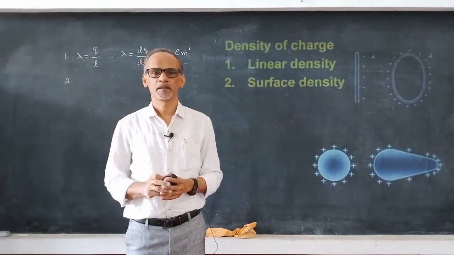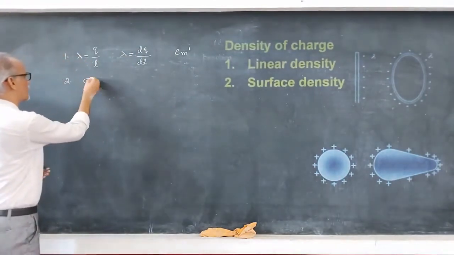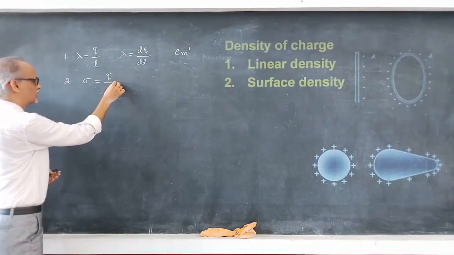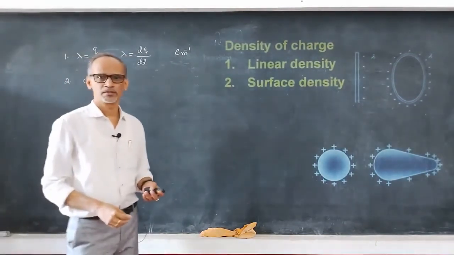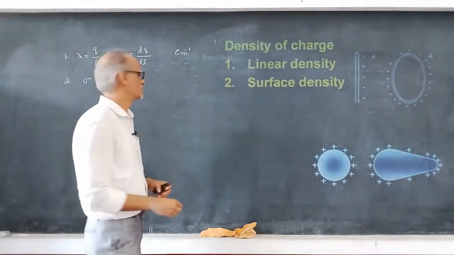So how to measure surface density? The symbol for that is sigma. Surface density of charge is defined as the charge per unit area, where S stands for surface area, and the charges are uniformly distributed.